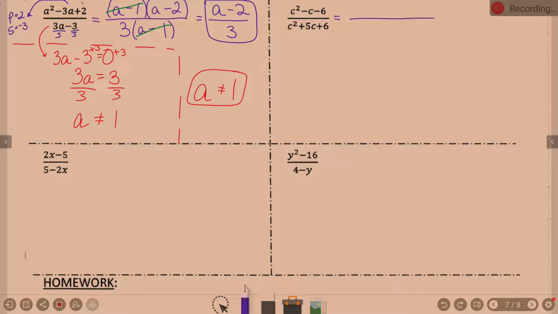Since it's just c squared, I'm going to do two parentheses. C squared becomes c times c. What about numbers? They need to multiply to give me -6, and they need to add to give me -1.